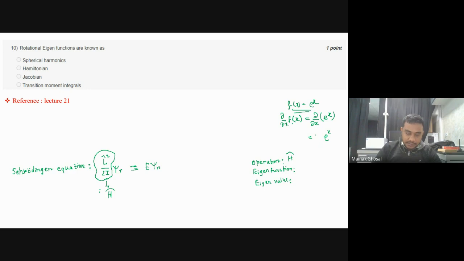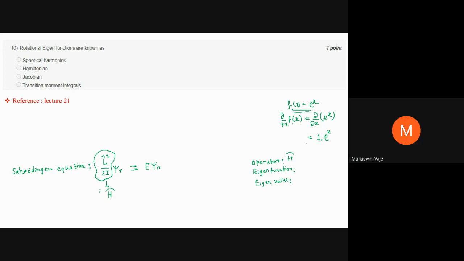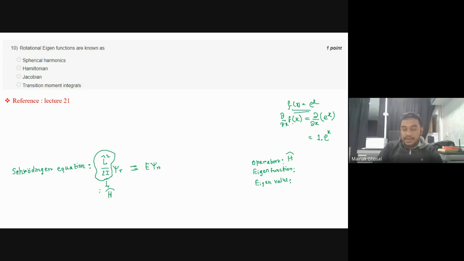It is just e to the power x. I can write e to the power x as 1 into e to the power x. Now what was your e to the power x? It was your f(x).